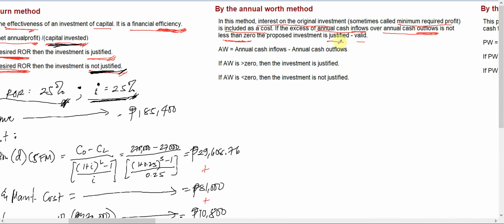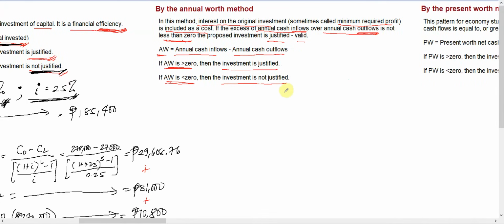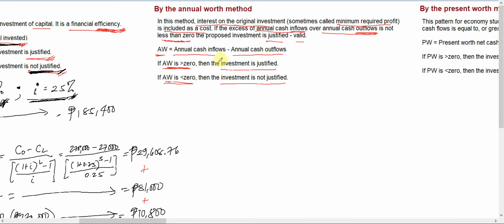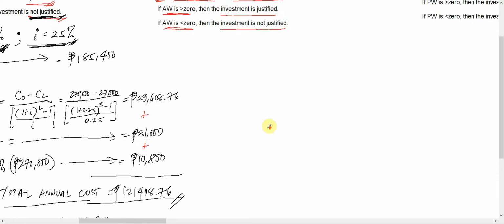So, the proposed investment is justified or valid. So, ang formula natin dito, annual worth is equal sa annual cash inflows minus cash outflows. Kapag greater than 0 yung annual worth natin, the investment is justified. And pag less than 0, therefore, the investment is not justified. Okay? So, ganun pa rin, inflows and outflows, revenue, cost, yan pa rin ang pag-uusapan natin dyan.